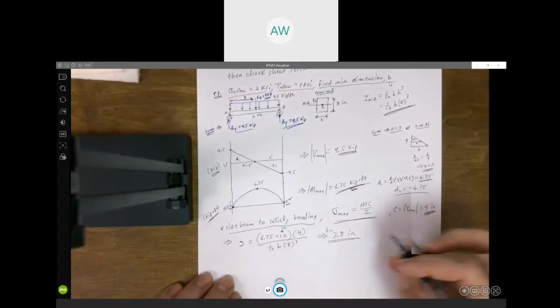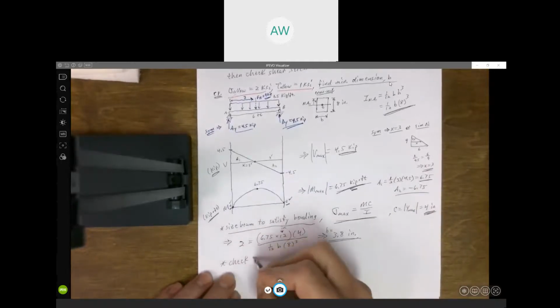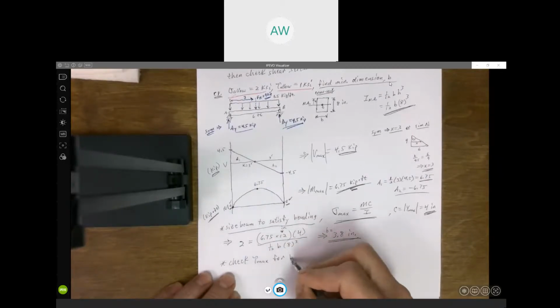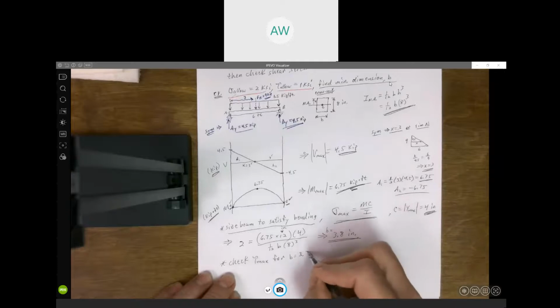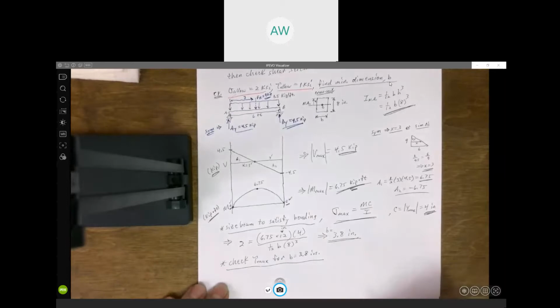So we need to make sure that we check tau max for, again, b equals 3.8. If you don't do this, you could really set yourself up for failure in the real world, because occasionally it doesn't work out, and the maximum shear stress actually is what determines the design. So you've got to check it.